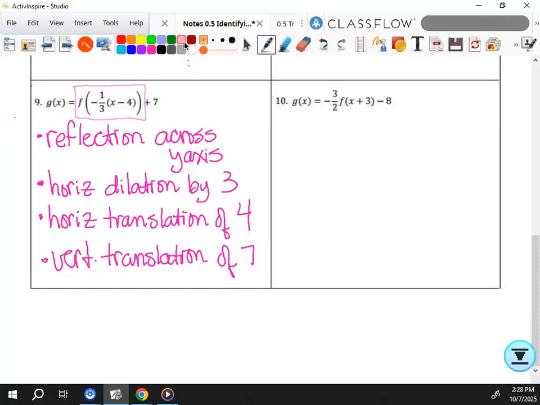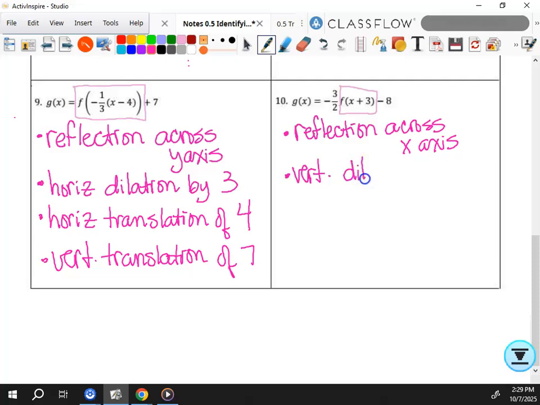Okay. Questions? Anything? I need to clarify anything? All right. So here, I'm going to box this one. The negative is a reflection across which axis? X. That 3/2 is on the outside, so that is a vertical what? Dilation by 3/2.